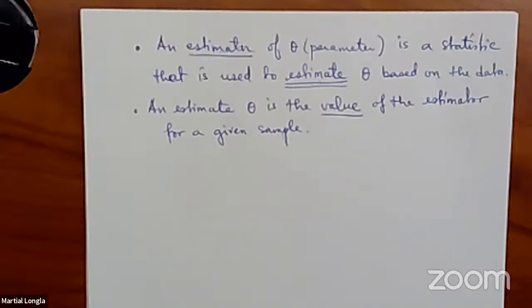So you're not going to write x1 plus x2 and tell me this is an estimate. That's an estimator. The estimate is the numbers that you got out there to collect. When you put them into the estimator, that's what gives you an estimate.